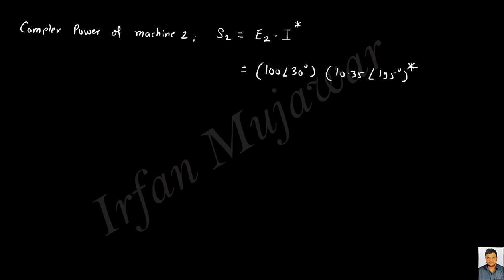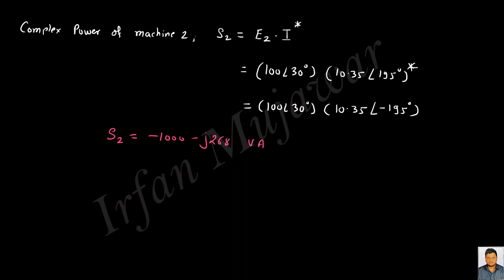So this will be 100 at an angle of 30 degrees into 10.35 at an angle of minus 195 degrees. If you put this in the calculator and solve, you will get S2 equal to minus 1000 minus J268 VA.